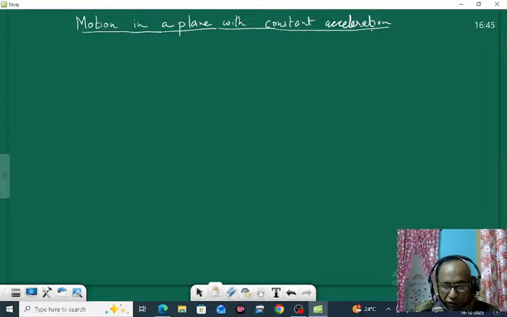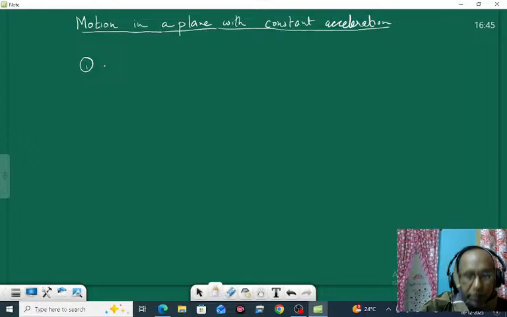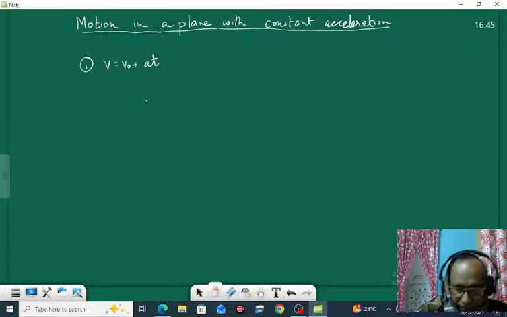Let the position and velocity of the object be r0 and v0 at time t0, and r and v at any time t. Then it can be written as number 1. I am writing only the formula: v equal to v0 plus at, number 1.